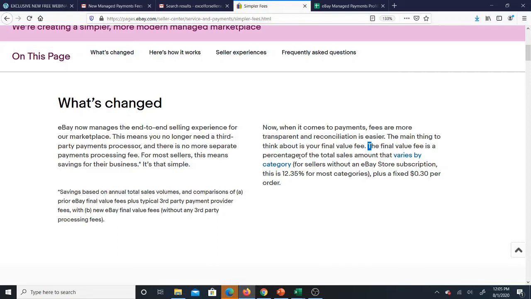So whatever the buyer pays including tax, that is the total sale where they will take the final value fee from. This fee for sellers without an eBay store is going to be 12.35% for most categories. If you have an eBay store, it will be a bit less. Also, you will be charged a 30 cents transaction fee per order, just as they did with PayPal. So you pay your percentage of the total sale plus you pay 30 cents.